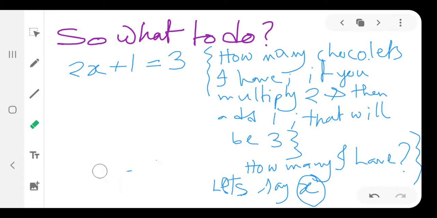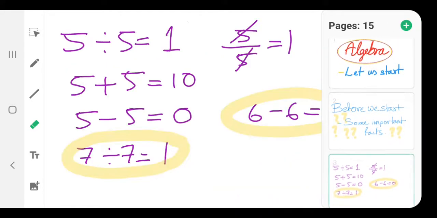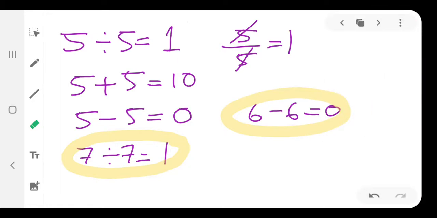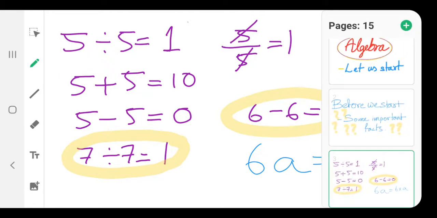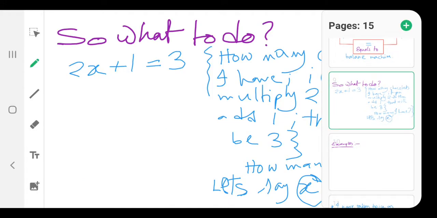So for any alphabet, let's say a, if 6 or some constant is before it, that means 6 into that variable. Nothing there means into is there. Fine. Okay, so let us go back to our question.